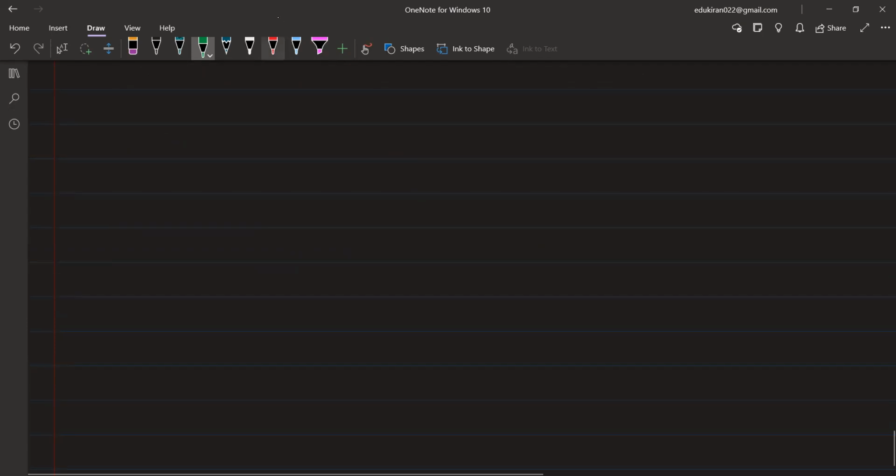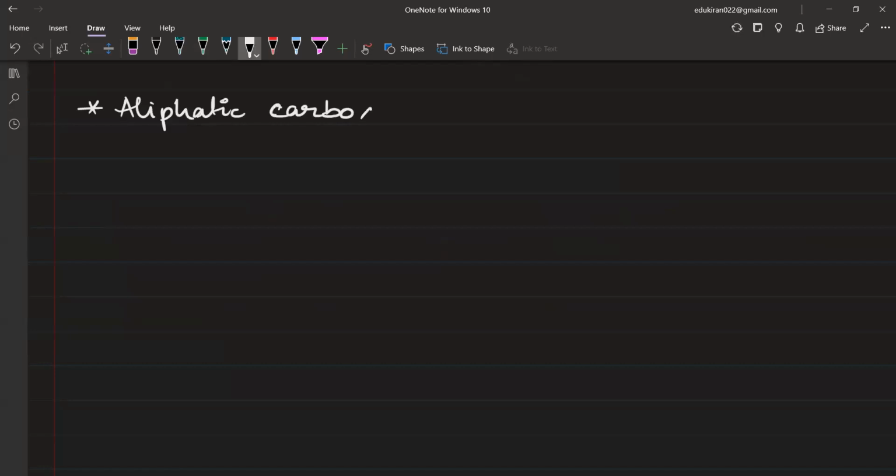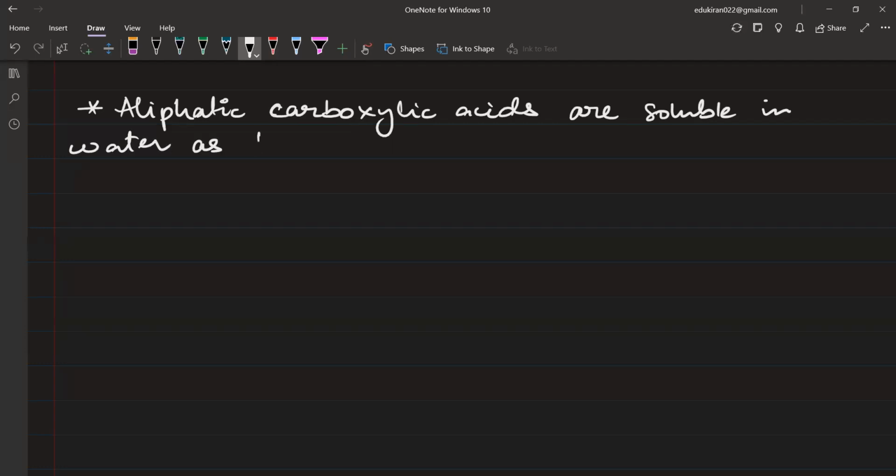Aliphatic carboxylic acids are soluble in water, as they form hydrogen bond with water.